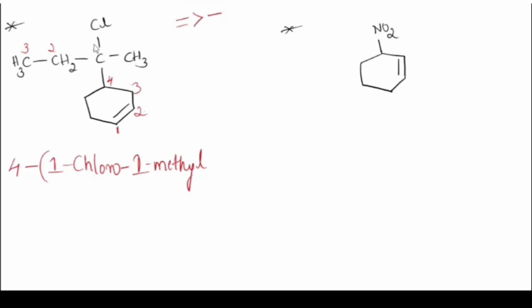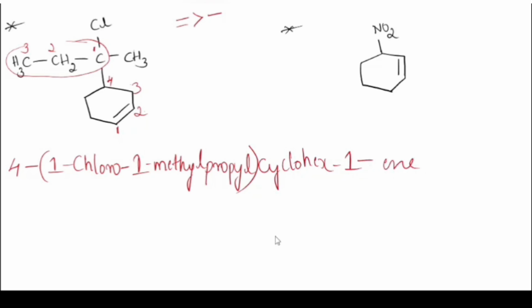What is this particular group called? This is propyl, correct? That's why methylpropyl. Again we have to close this because we already named this whole group, and here we have to name this cyclohex-1-ene, because at position 1 there is a double bond, correct? This is the IUPAC nomenclature.